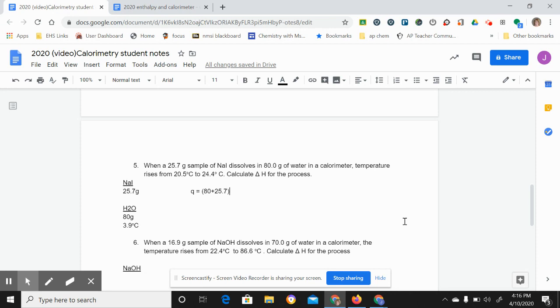Your C is 4.18, the specific heat of water. And we know our delta T was 3.9, right?